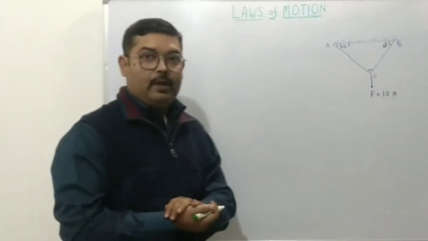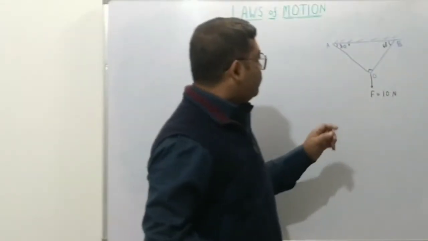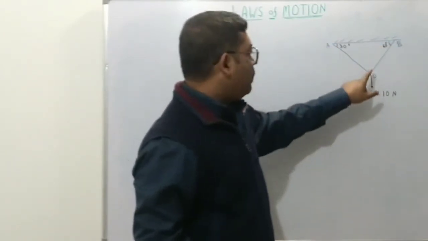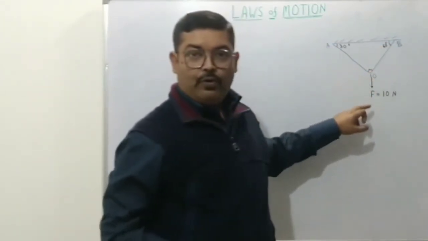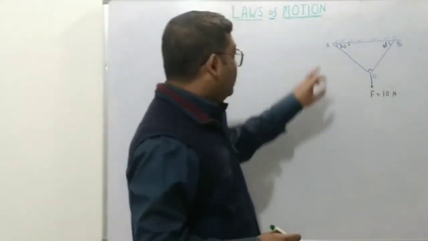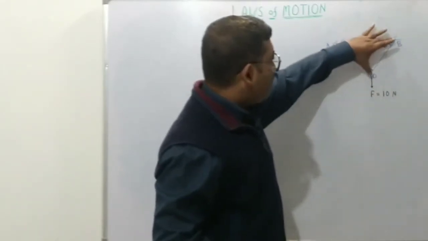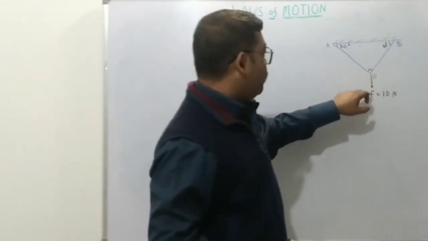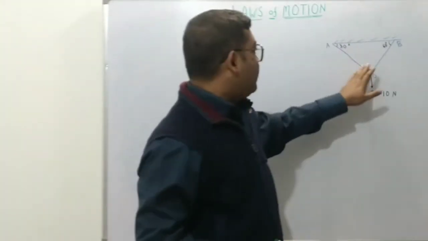Okay, so here you are given that there is a string AOB, and at point O a force of 10 Newton is applied. Now this system, the parts of the string OB and OA, and this force acting on point O, is keeping the system in equilibrium.